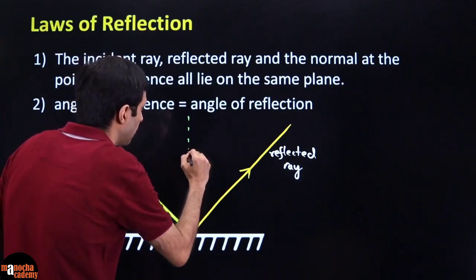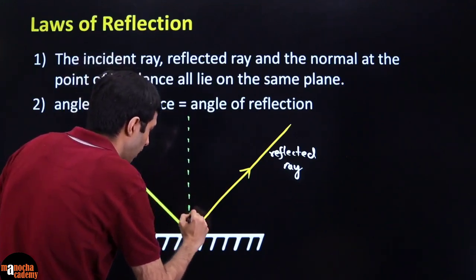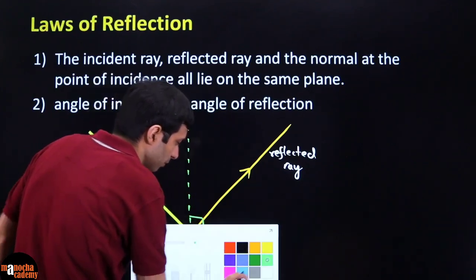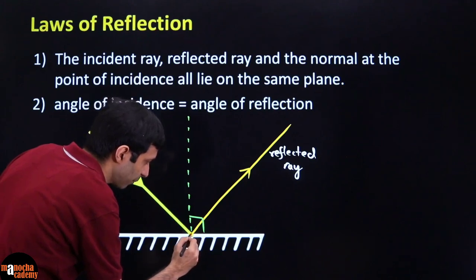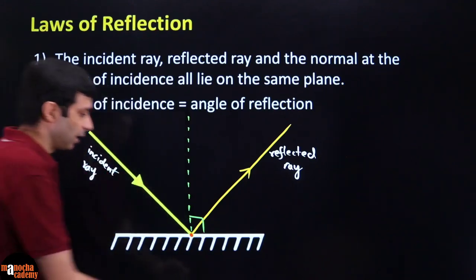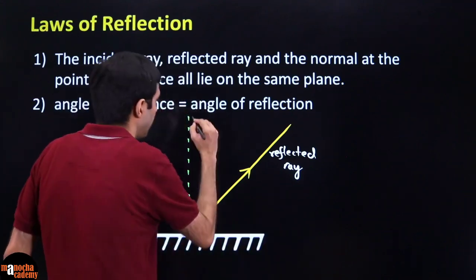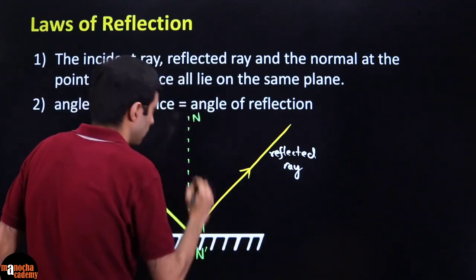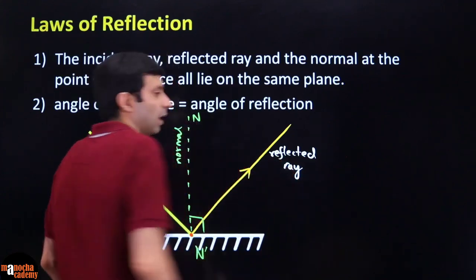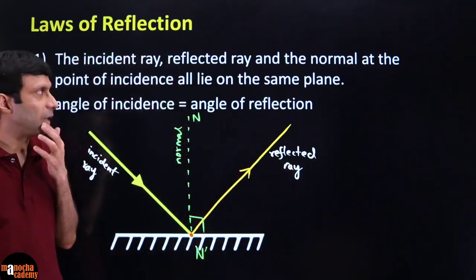An imaginary line drawn at the point of incidence and perpendicular to the mirror. So something like this. This is our point of incidence where the incident ray hits. All of you can see, and we can label this normal as n dash, and let's call this the normal. I have shown it with a dotted line because it is an imaginary line.